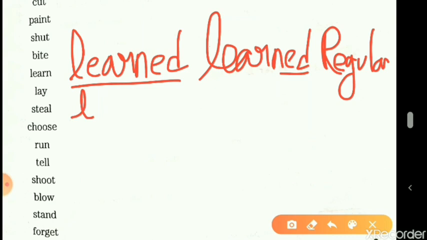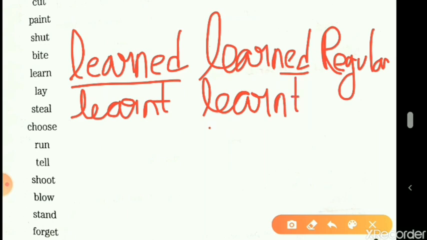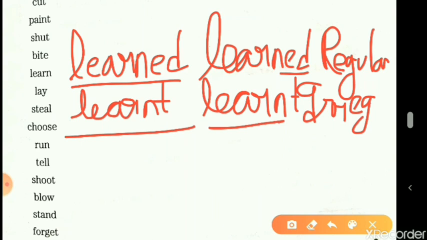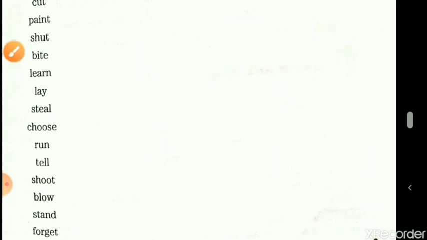But if we add t to the past and past participle form, then they will become irregular verbs. So, learn can be regular if we add ed to the past and past participle. But if we add t, that is learn, learnt, learnt, then they'll be irregular verbs.